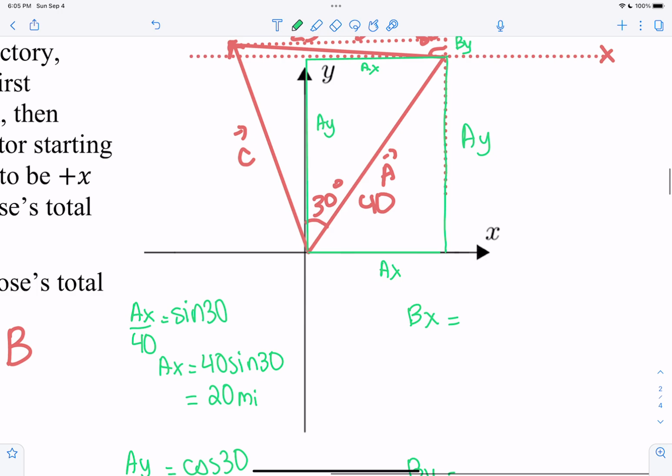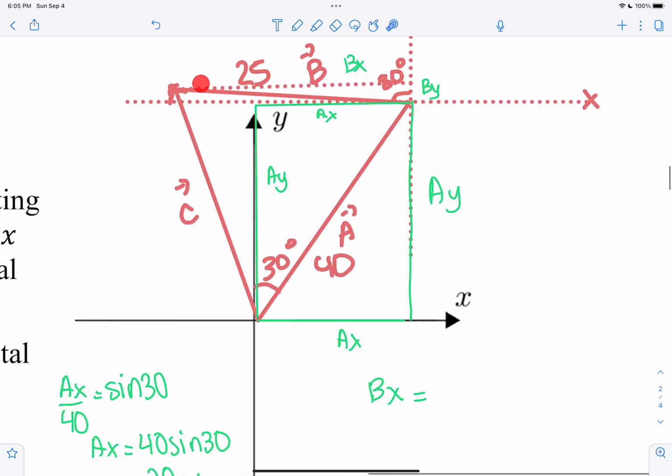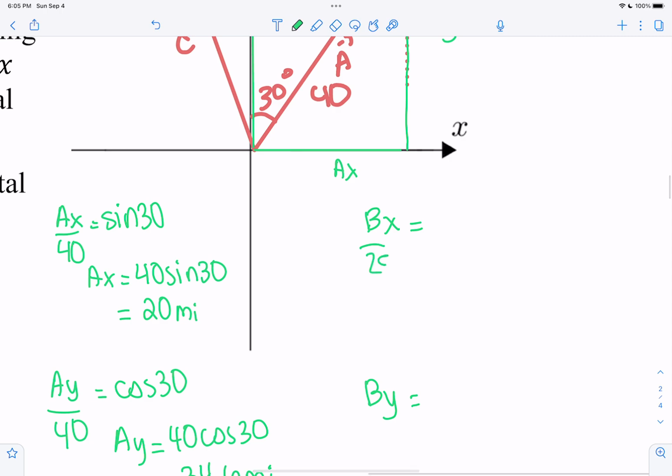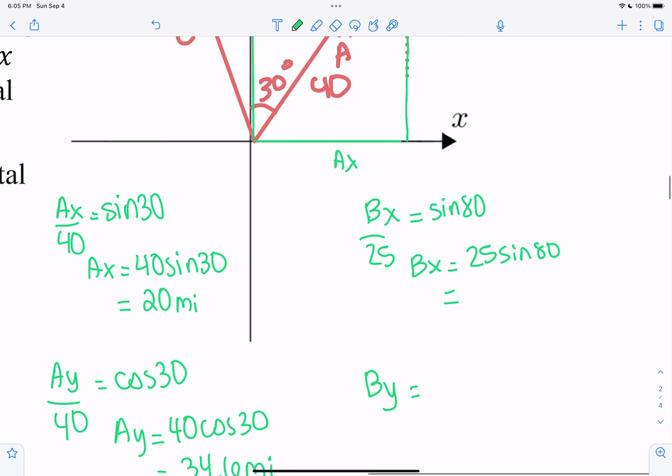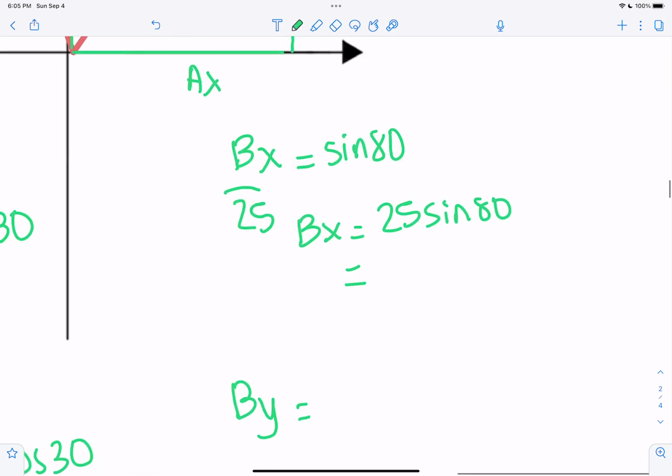Yep, so we're going to use sine again. So bx is opposite to this angle, 80 degrees, over hypotenuse, which is 25. So bx over 25 is equal to sine 80, and bx is equal to 25 sine 80, which is around 24.6 miles.